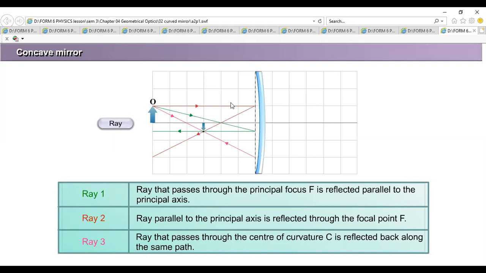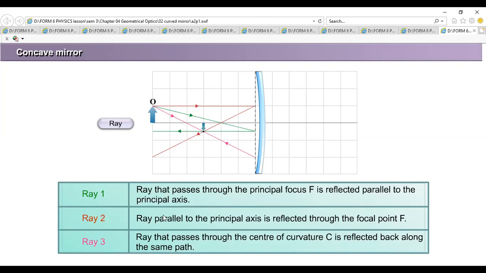We notice that when the light ray is directed to the mirror, it will reflect to a point of focus. Any light that passes through the focus, after being reflected by the concave mirror, will be parallel. And if we go through the center of curvature, then all the lines will meet together. So this will be the position where the image is formed.